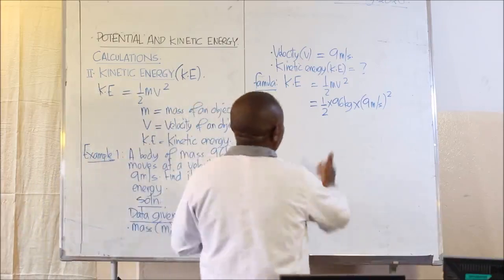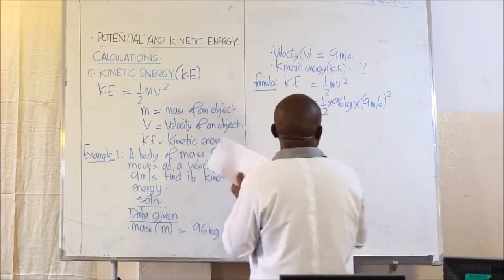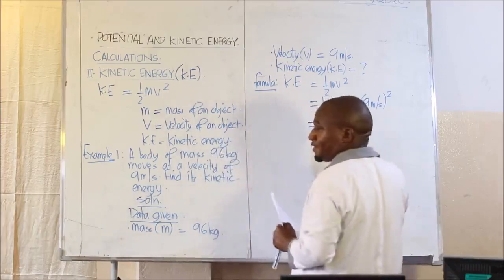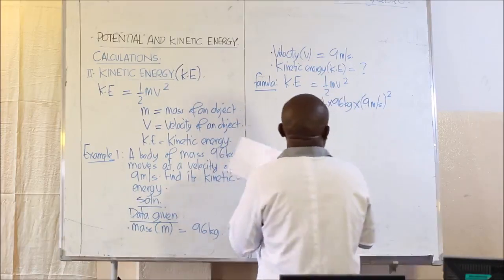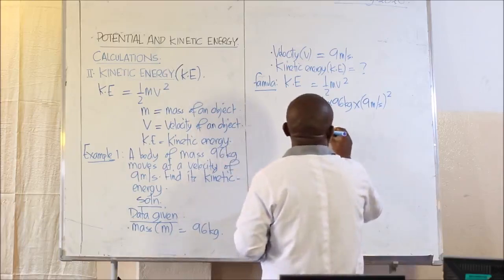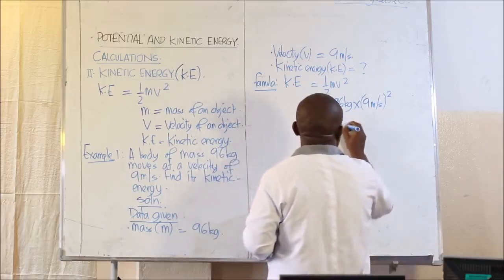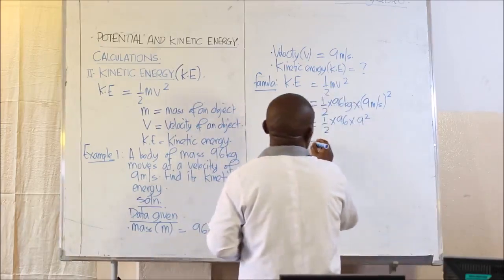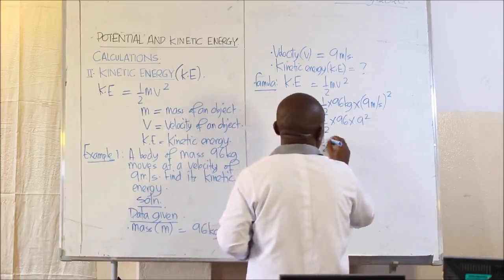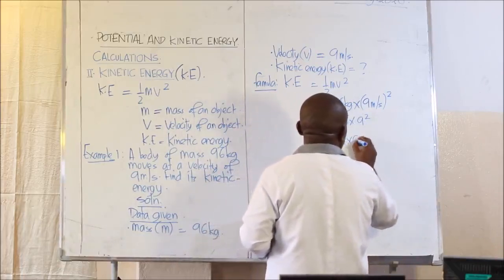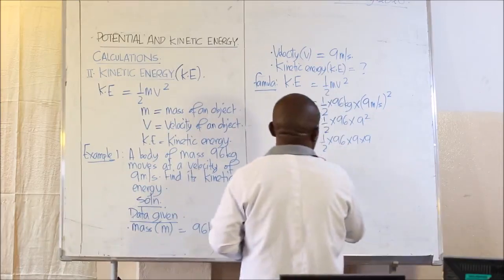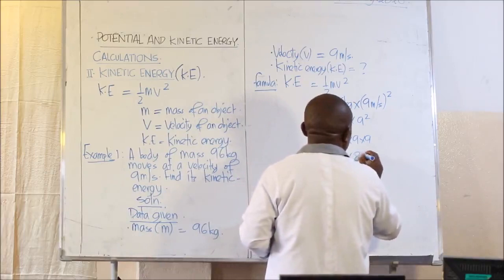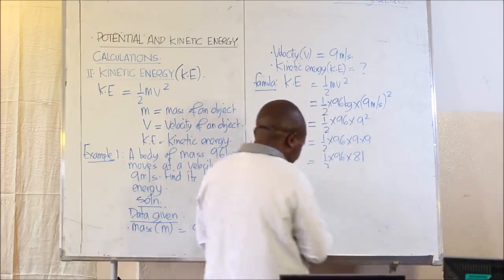So, in the second stage, as I always advise, you leave out units because you might get confused somewhere during the process, which gives us the mathematical perspective of it, which is a half times 96 times 9 squared, which takes us to a half times 96 times 9 times 9, which gives a half times 96 times 81.